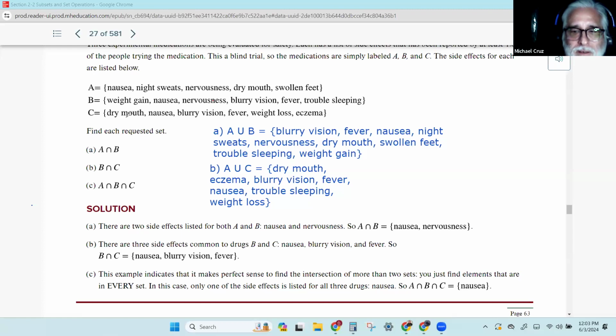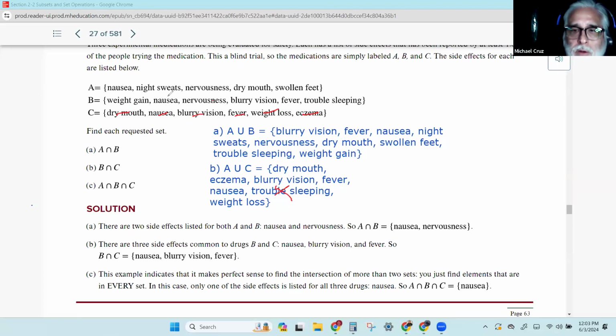See? So let's just double check. So dry mouth, I got. Nausea, I got. Blurred vision, I got. Fever, I got. Weight loss, I got. And I got eczema. So I put trouble sleeping in there. See? That one's not in there. That was in this one.